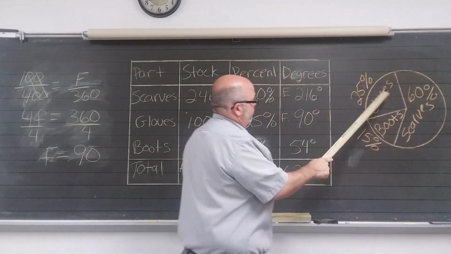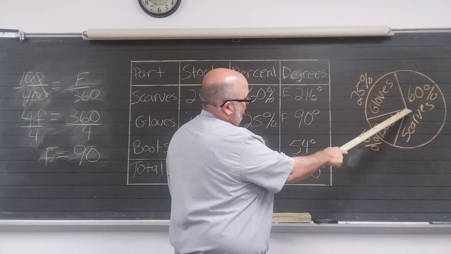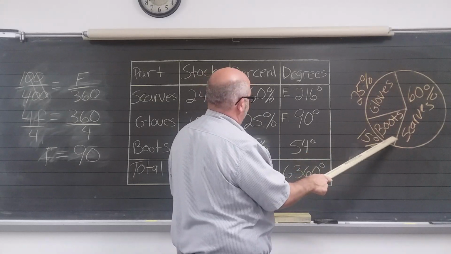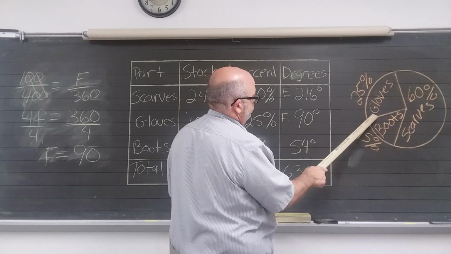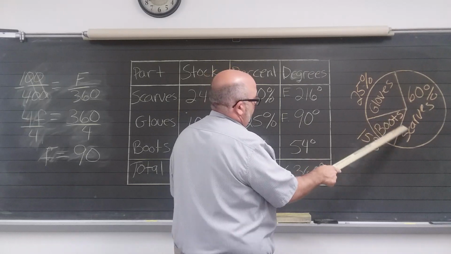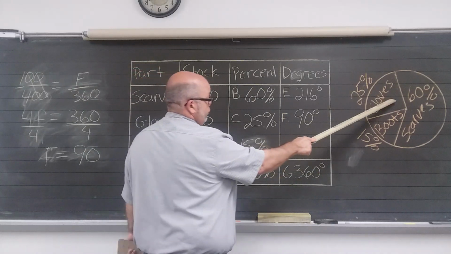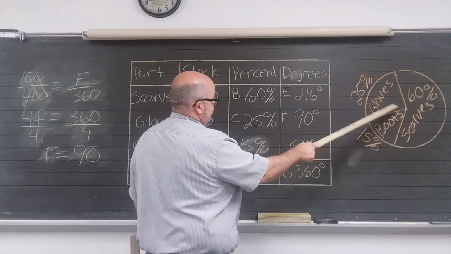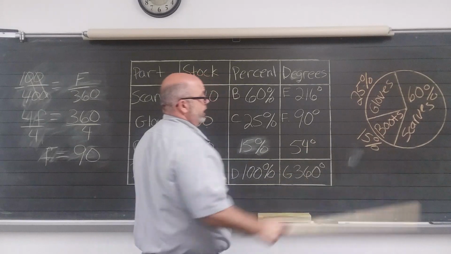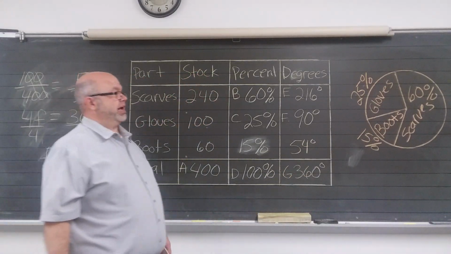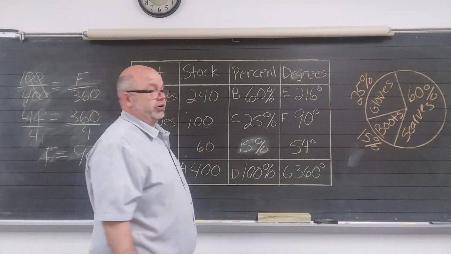That's gloves, 25%. Off of that line, make a 54-degree angle, and what you have left is your 60%. So check the two that you made, make sure they're accurate. If they're right, then this is right. You don't even have to check that. You don't even have to try to figure that 216 degrees out.